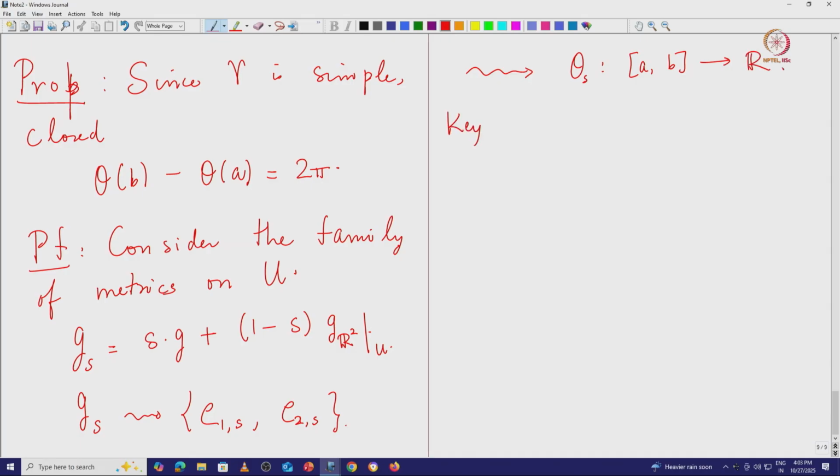and the key point is that theta S varies continuously in this parameter S, where S is between 0 and 1.